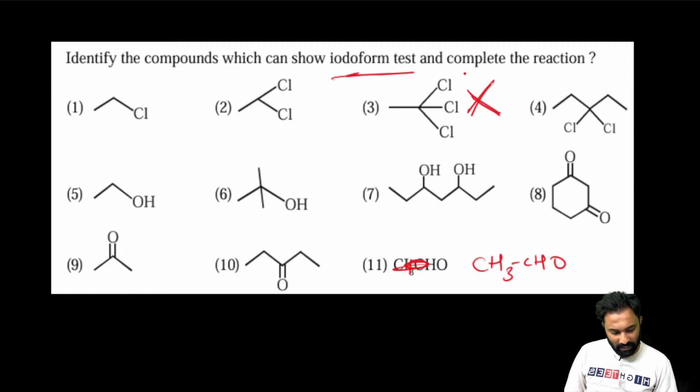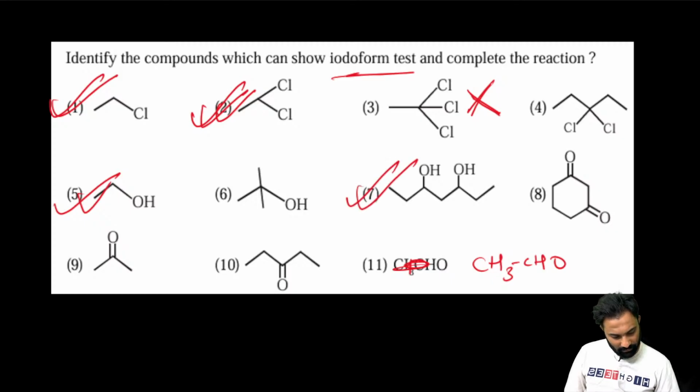My dear friends, the iodoform will be shown by 1, 2, 5, 7, 8, 9 and 11. Now this many compounds will show the iodoform.